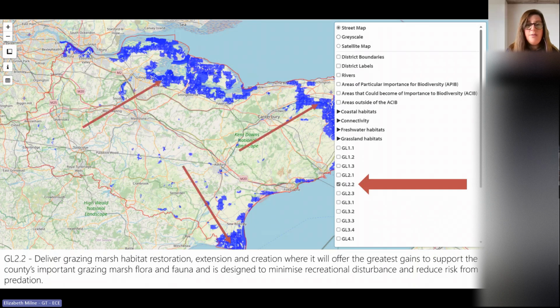And what will happen is it will bring up, not always instantly, as I said, because it does take a time to load sometimes, all of the areas where that potential measure has been identified, where an opportunity has been identified to exist for that measure.